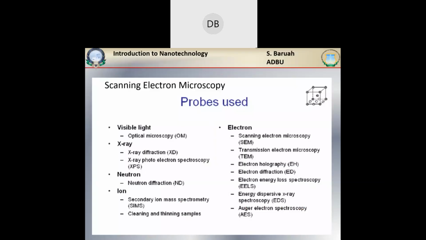These are different types of probes. You can have visible light as a probe. I already discussed that visible light can only be used for optical microscopy, using all those lenses, and there we directly see. In an optical microscope you put your eye and see; you are not taking a picture, though you can take a picture of course.